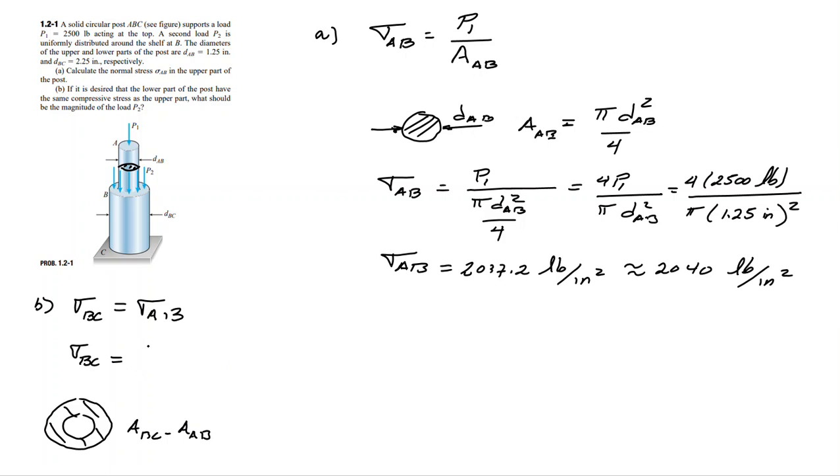So the stress is P2 divided by the area BC minus the area AB.